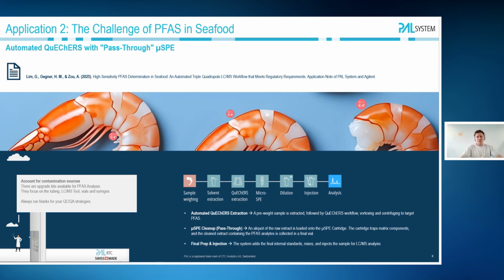These kits focus on specific tubings, vials, syringes as well. These changes are very important as they overall reduce your background and make your overall analysis more robust as well.